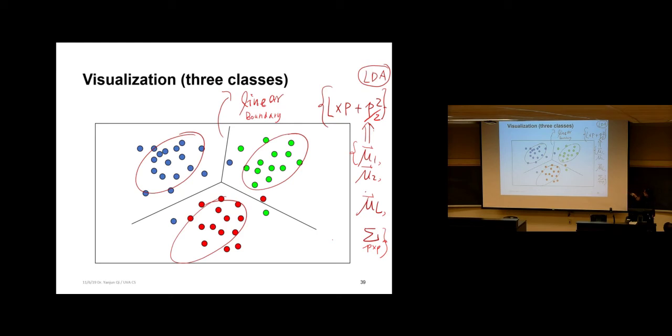And it's indicating you are learning the same shape of Gaussian. The sigma is the same, but their center position, their mean position, is different from each other. It's the first class mean, second class mean, and third class mean.